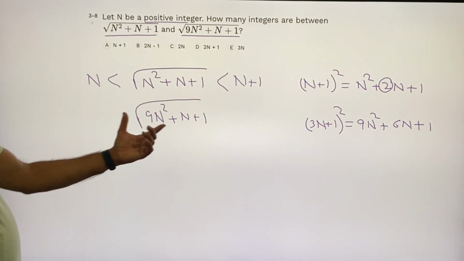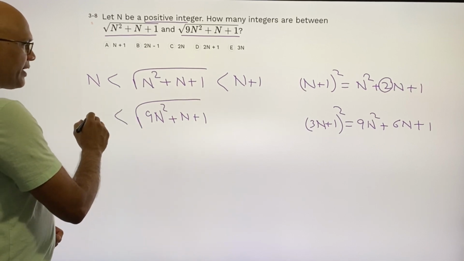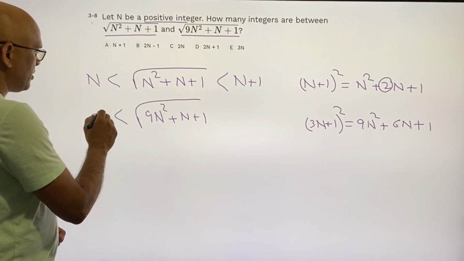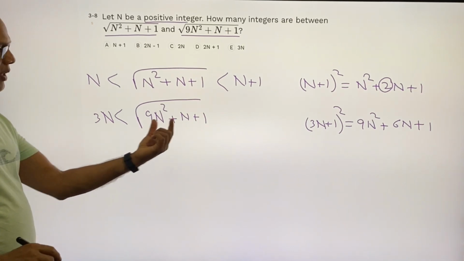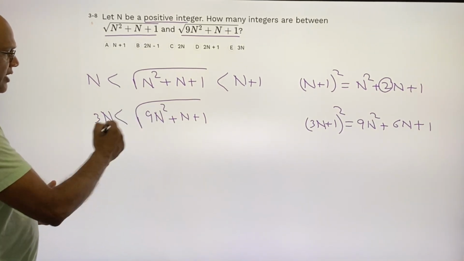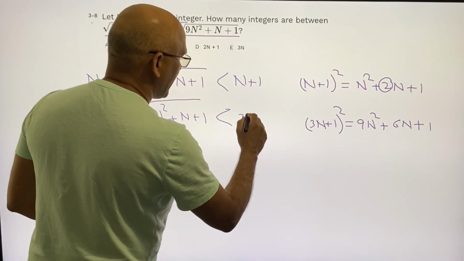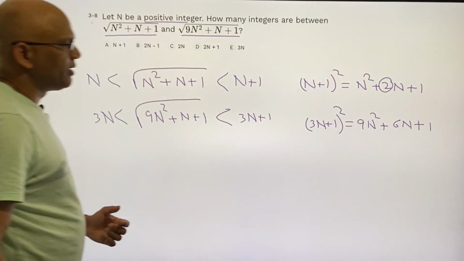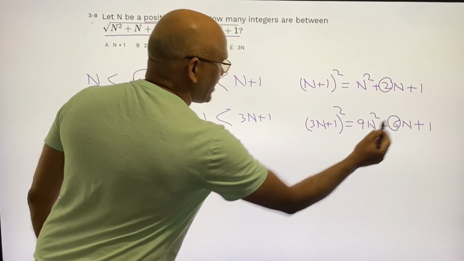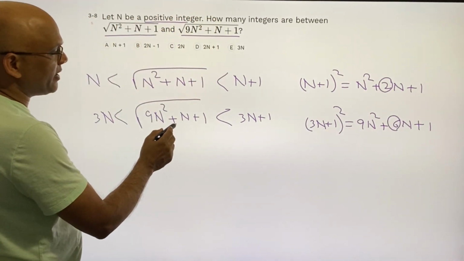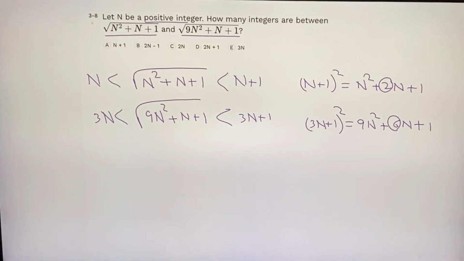So this number is going to be greater than 3n, because the square of 3n is 9n squared and there are extra things. And it has to be less than 3n plus 1, because (3n plus 1) squared has this 6n in here, and there is only 1n here.